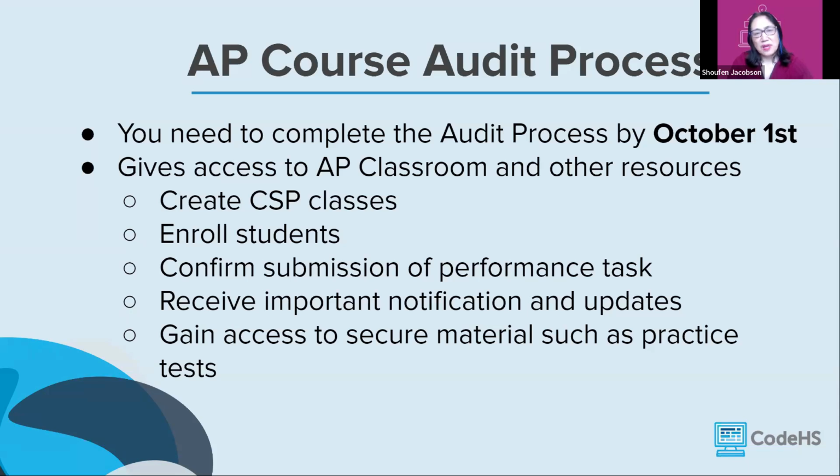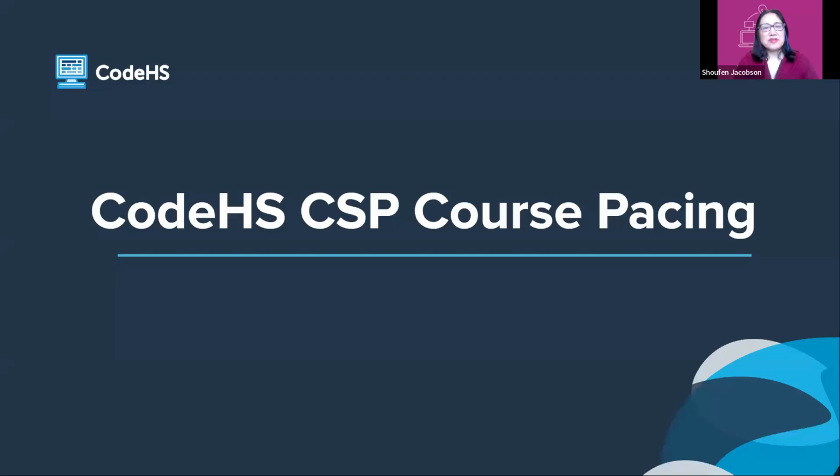We really want to expose our AP computer science students to these early in the year. I have already set mine up, and I have already taken the AP quizzes daily when they come in. So we want to make sure you set this up and start using the great resources in the AP classroom. So this one we have to talk about.